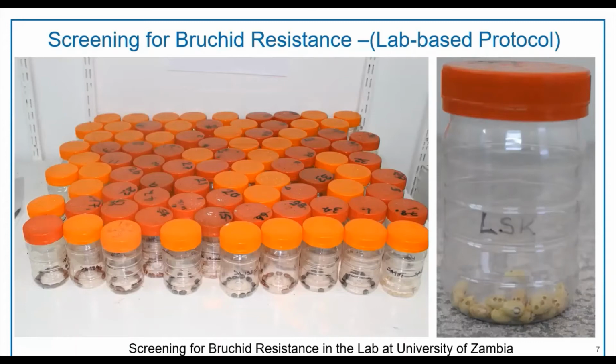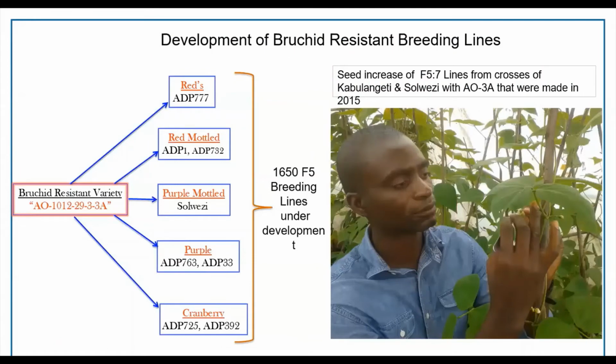So after doing that, the next thing was for us to begin screening of our materials. Now, what are the materials that we have developed? Like I said, we crossed this resistant line with several materials that have better agronomics.